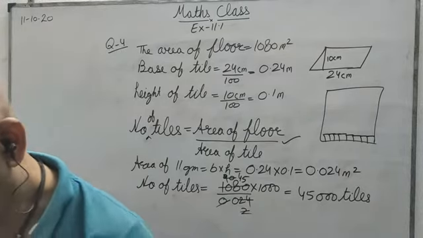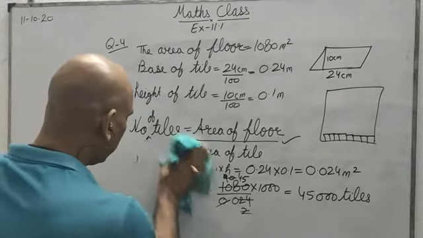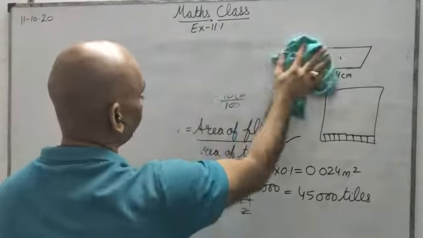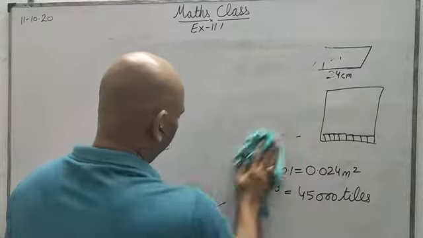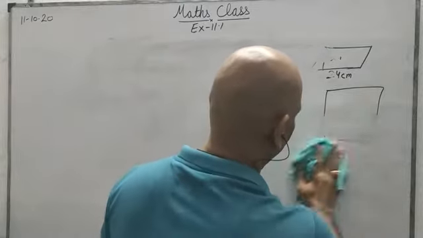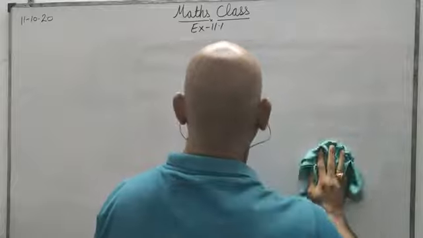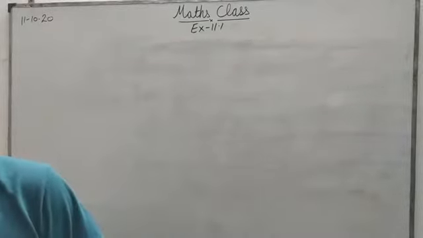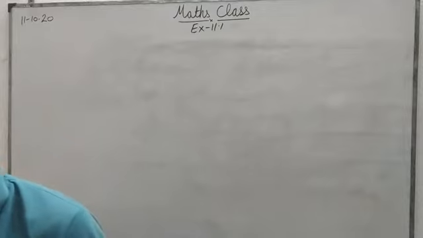Now question number 5. An ant is moving around 3 food pieces of different shapes scattered on the floor.